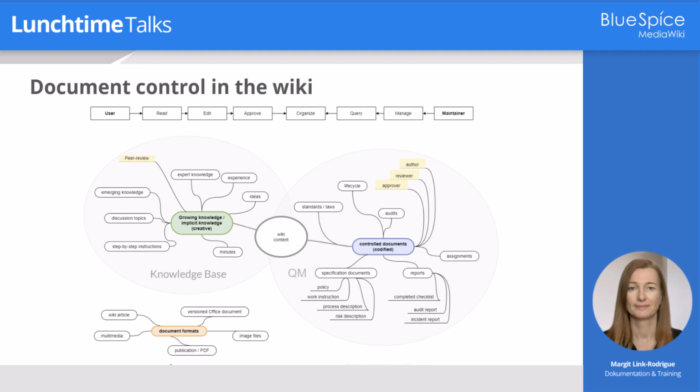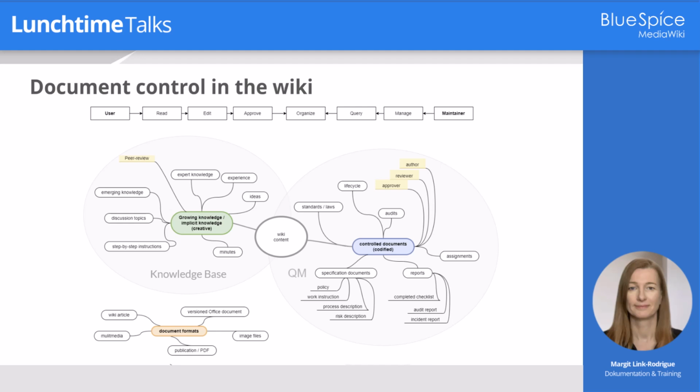You can simply say we upload them also to the wiki and version them there so they get a life cycle or they can be audited very easily. And you always know what the currently latest version of a document is.